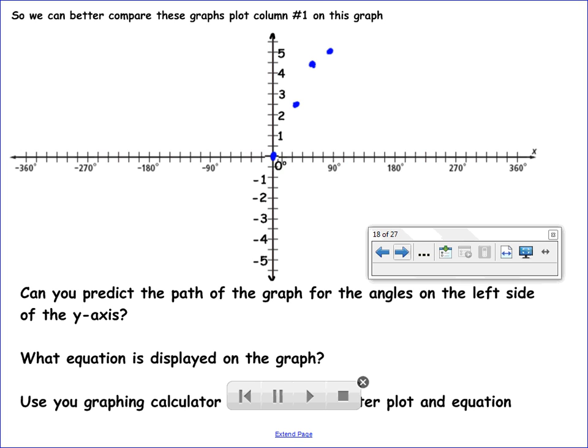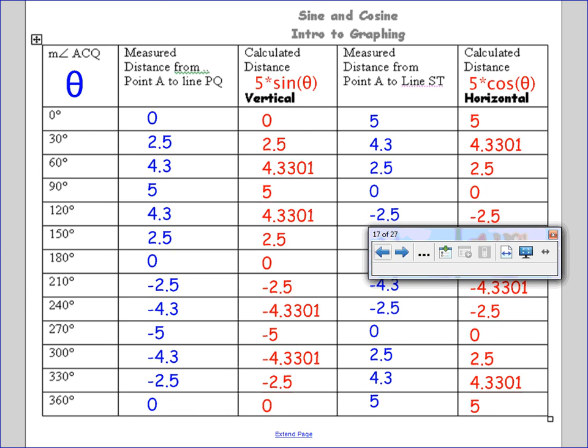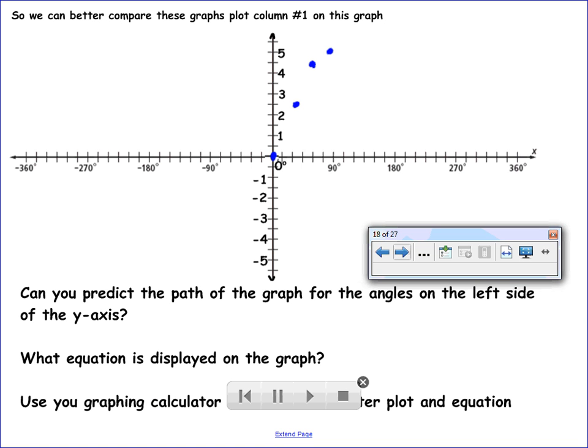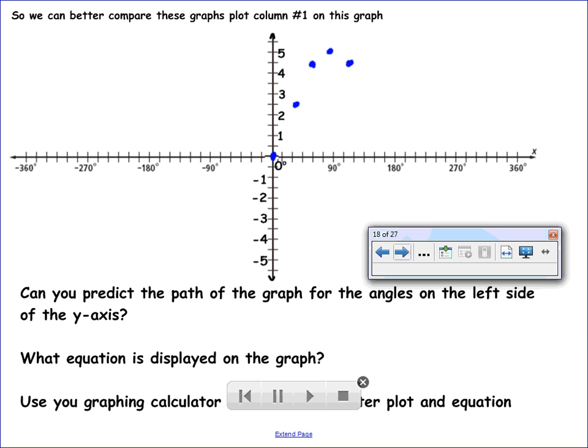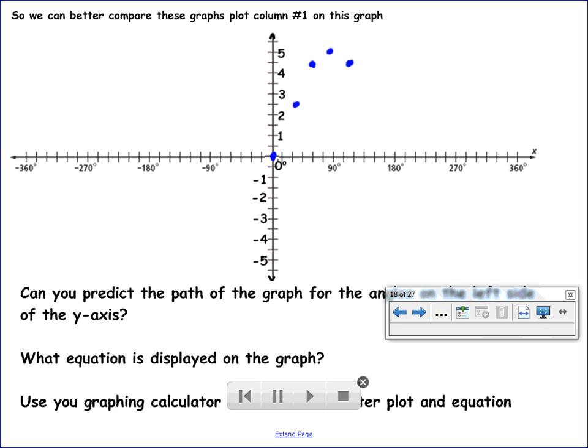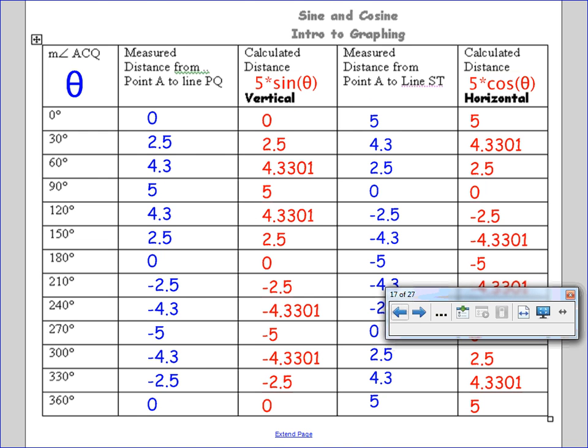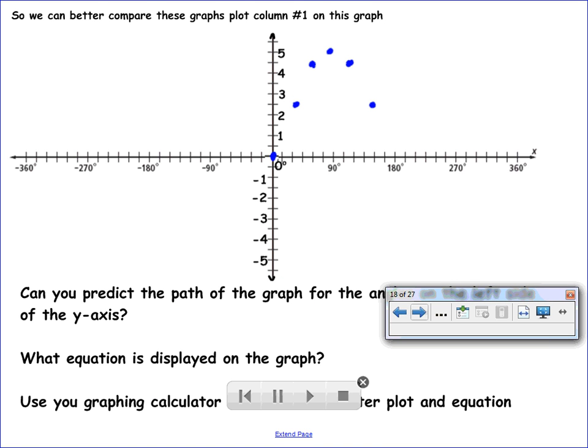Then we went ahead another 30 degrees, went to 120. 120 is going to be paired back down to 4.33. So that's about here. 150 is going to be paired with 2.5. So here we go. 150 is going to be paired with 2.5. 180 is going to be down at 0.